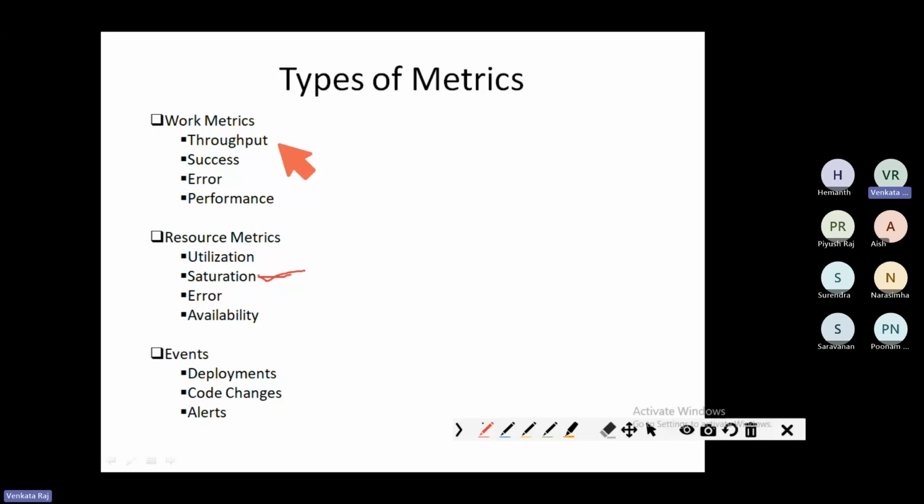Availability is another very important metric, guys. As part of availability, organizations normally tend to have an SLA of 99.9% availability. So you will have downtime, right, guys? Downtime can be planned, downtime can be unplanned.